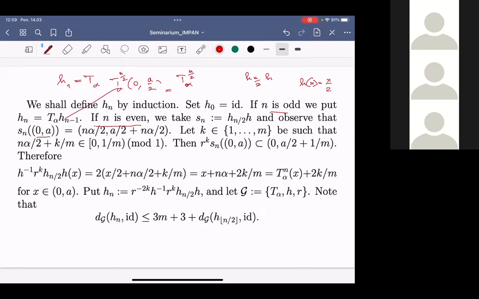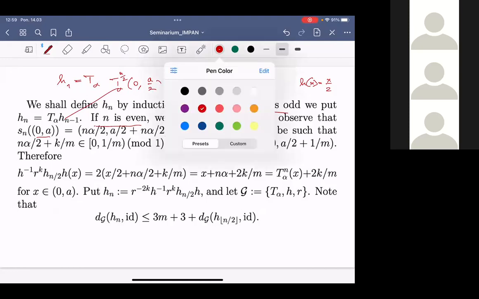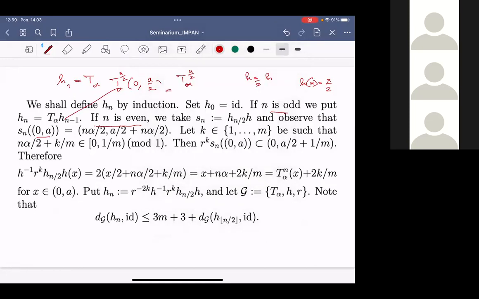Okay, but now remember that we also took the rotation R, which was equal to x plus 1 over m. So now we can take some k from the set 1 to m, such that n alpha over 2 plus k over m will be in the interval [0, 1 over m].